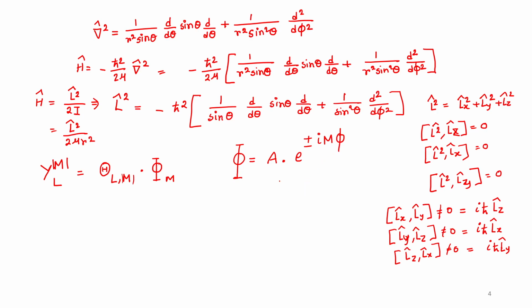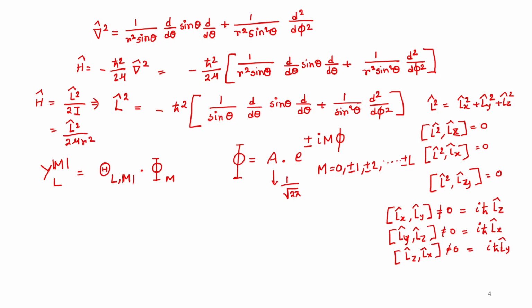This normalization constant is mostly 1 by root over 2 pi, and m is the magnetic quantum number, which can be 0, plus minus 1, plus minus 2, and so on, but there is a limit to it. The limit is up to plus minus L. I think Professor Datta has already discussed how there is a limit to this magnetic quantum number.